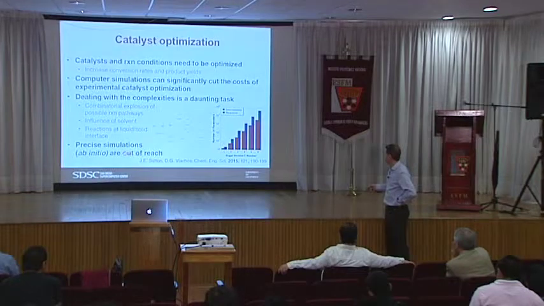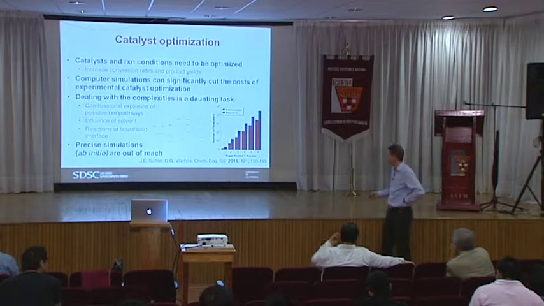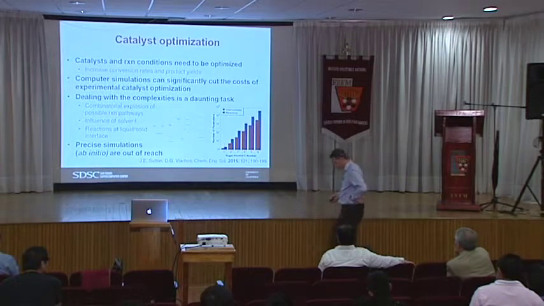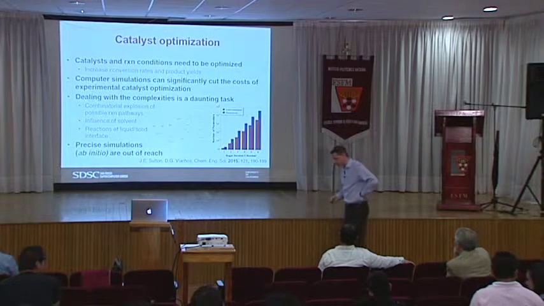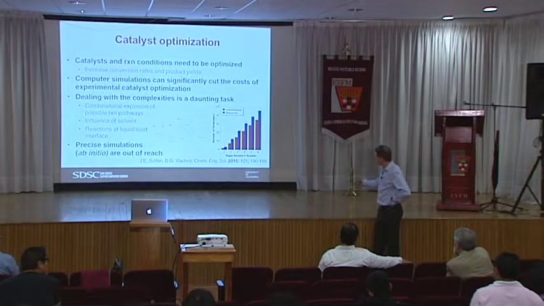And the key point is that, of course, for precise simulations, ab initio or density functional theory is out of reach, given the timescales that are required to sample all these reactions. It's not feasible to look at all those reactions.